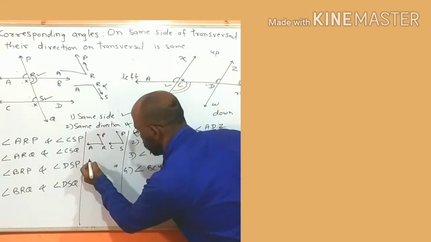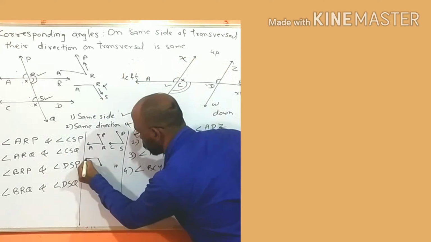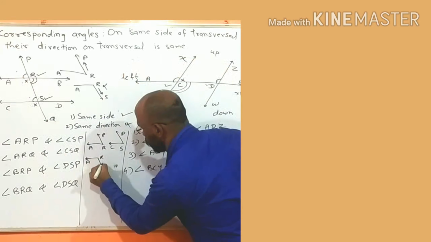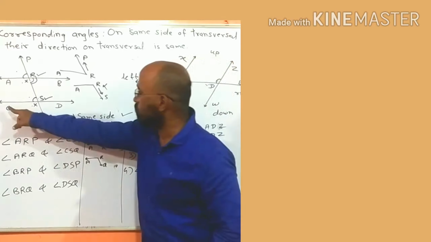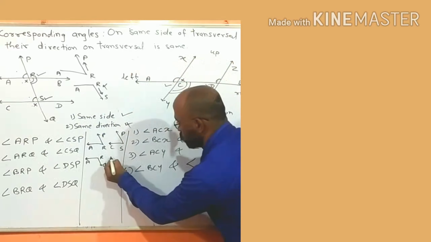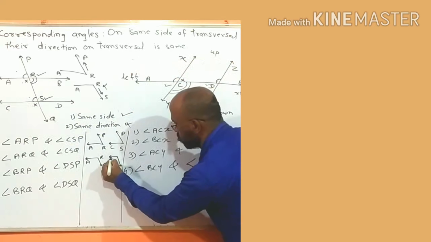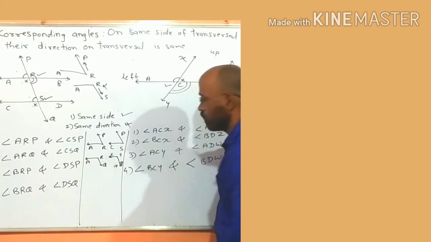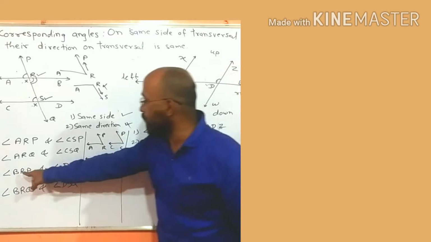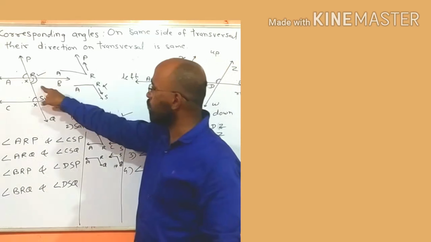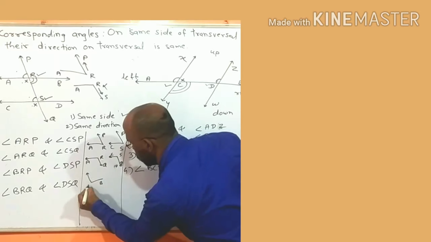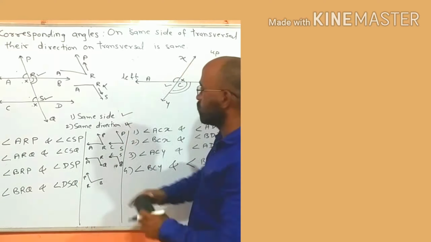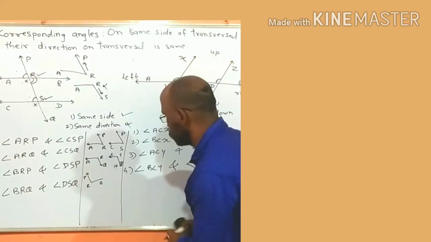Next is ARQ. ARQ is looking like this, right? And its corresponding is CSQ. It's also same. Are you getting, students? BRP is like this. And its corresponding is DSP.